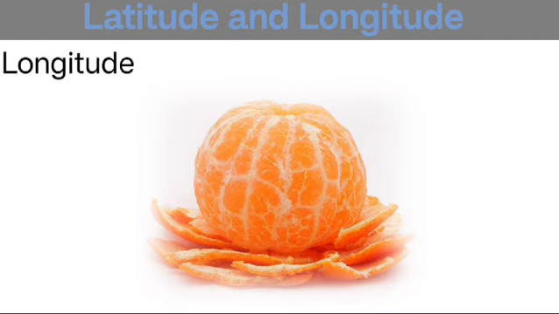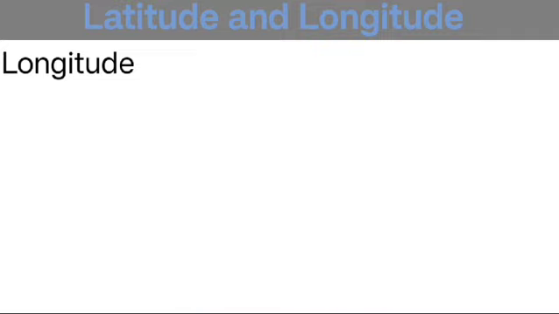Now we can see the lines in the orange running from top to bottom. So longitude lines are like these orange segments. They run from the top of the Earth to the bottom. So what is longitude? Longitudes are imaginary lines which run from the top of the Earth to the bottom.